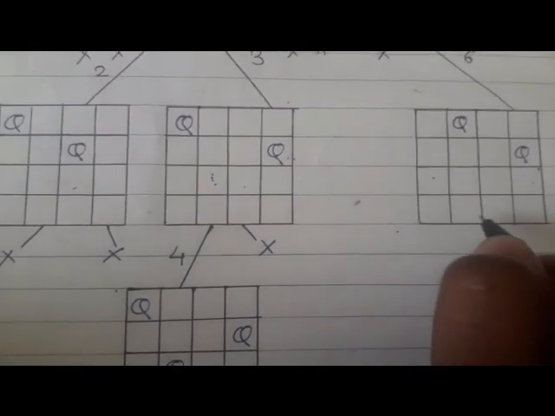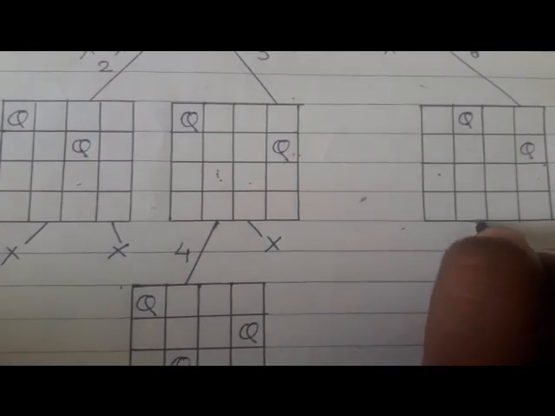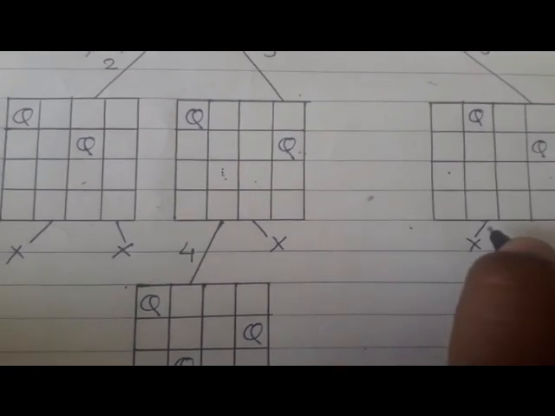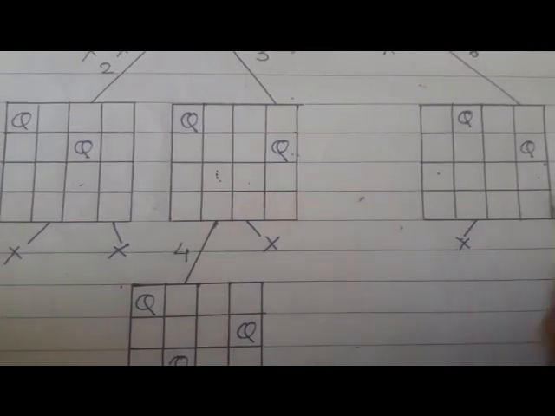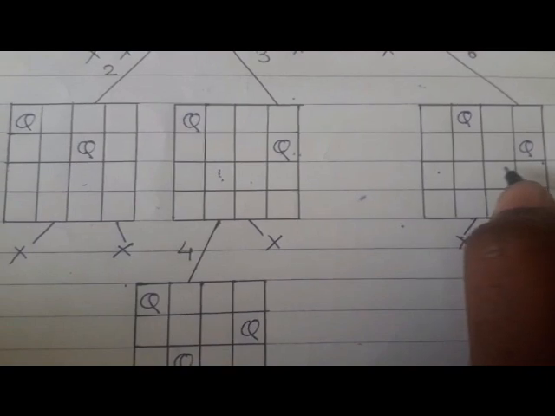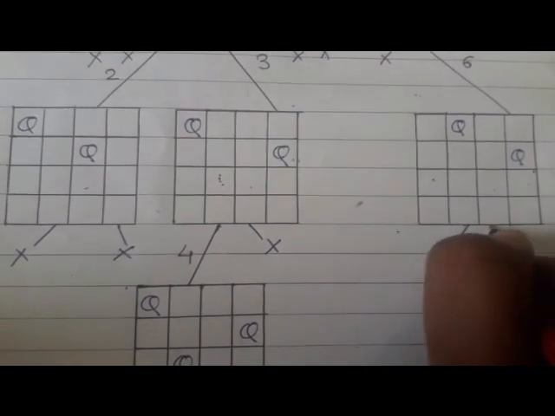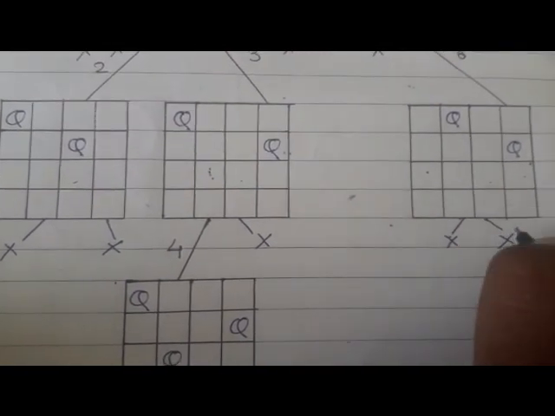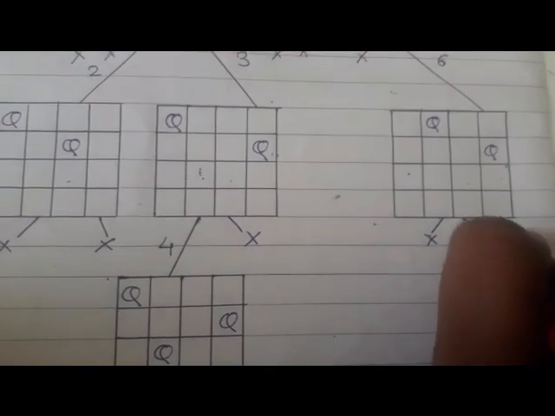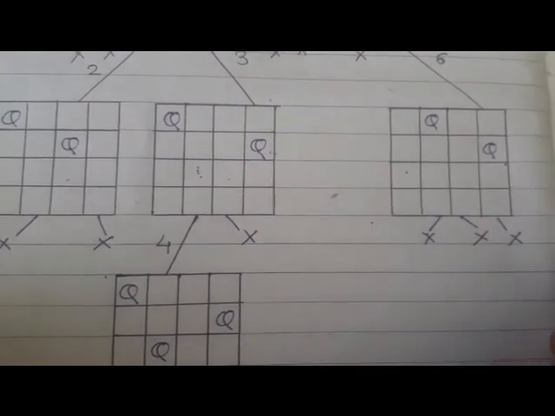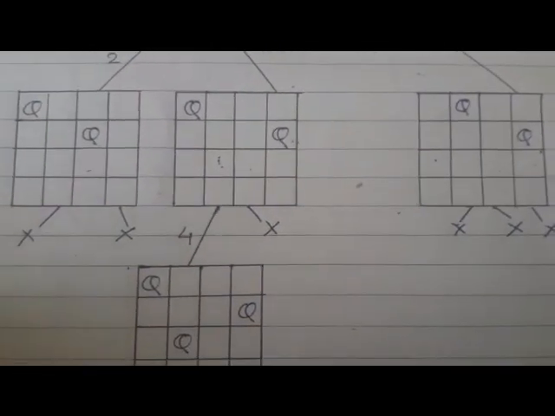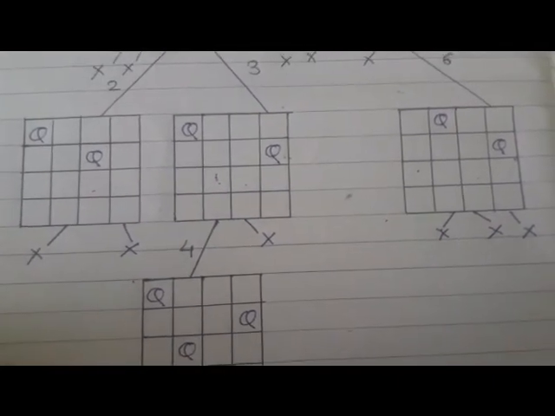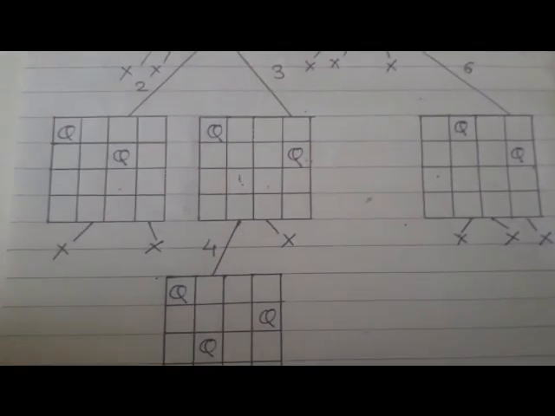In the second column, we can't write because the first queen is already there. In the third column, this queen directly attacks, so therefore we can't write it here. And in the fourth column, this second queen is already there. So there is only one position left, that is the first column.